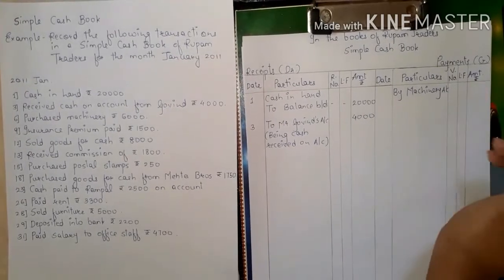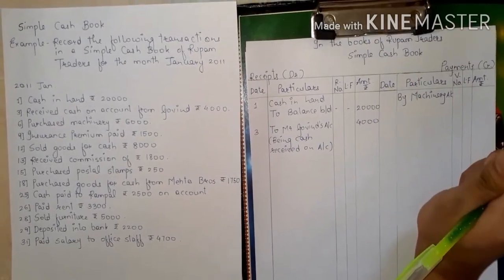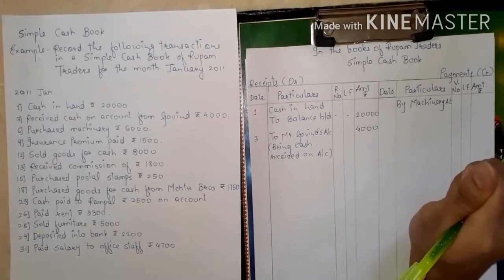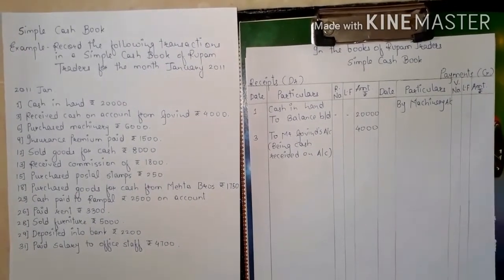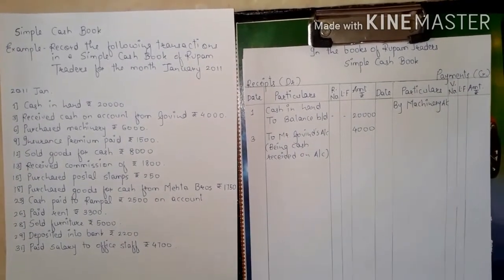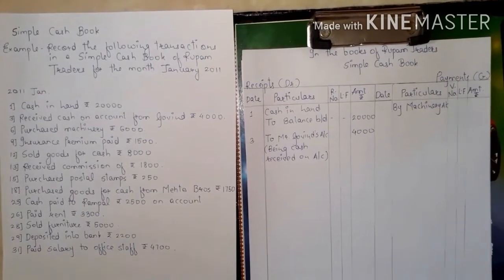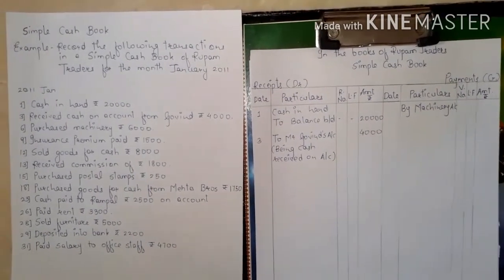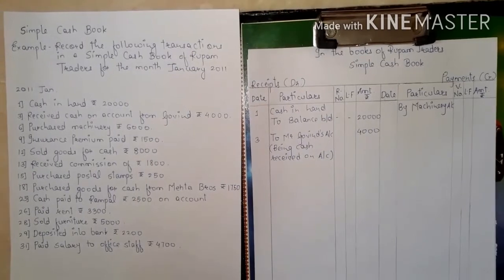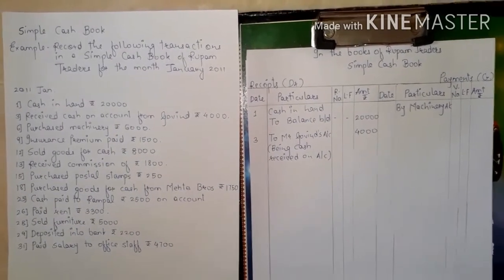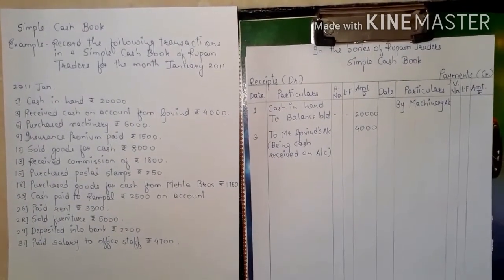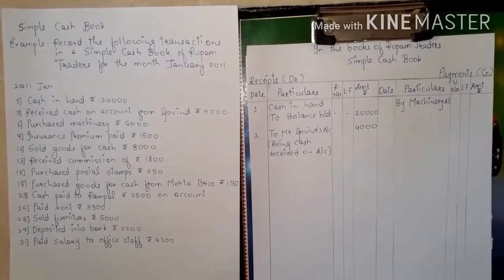No voucher number. On payment side, always we have to write down the voucher number, because you don't know which type of payment it is. It can be a sales-related payment, or a purchase-related one. So according to that, voucher numbers are given to them.